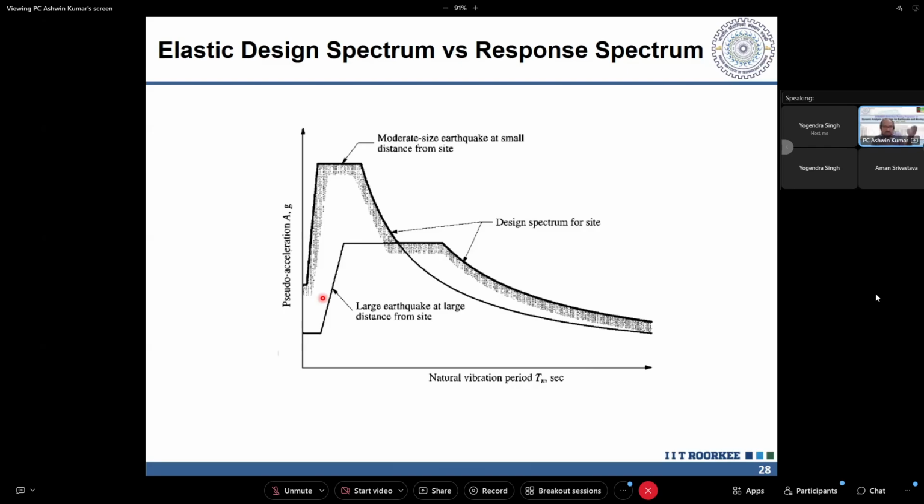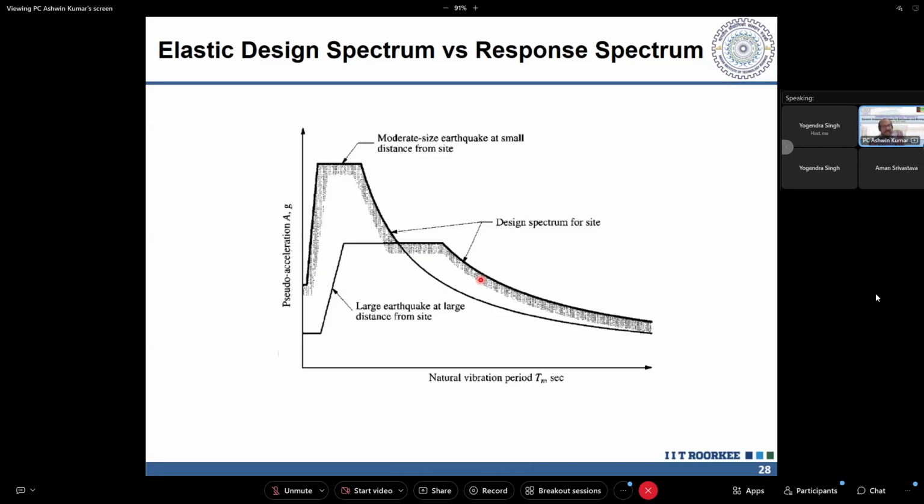But considering that there is a possibility that even a large earthquake at a large distance can have an impact on your structure, what you do is plot the response spectrum for that particular case and the other case also, and then the combined, the hatched area that you see, considers both the cases.